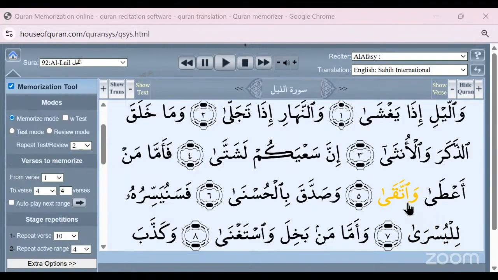So you skip Hamzatul Wasli and connect the word to the ta with shadda and fatha. Wata. Watako. Fa'amma man a'ta wattaqa.